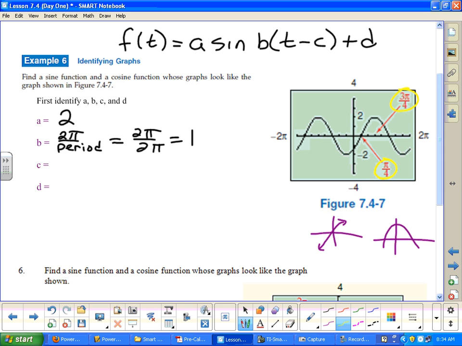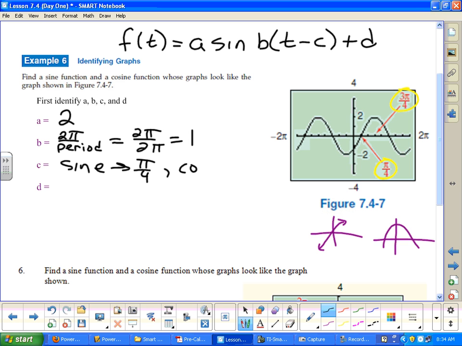So this graph has been shifted pi over 4 units to the right, which means that the value of C for sine would be positive pi over 4.